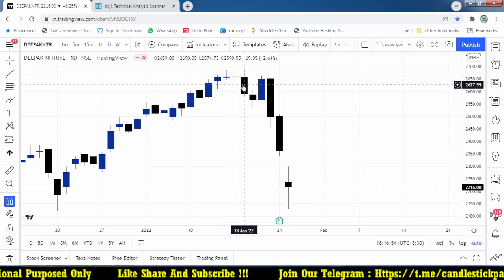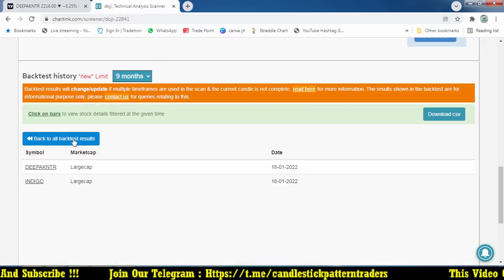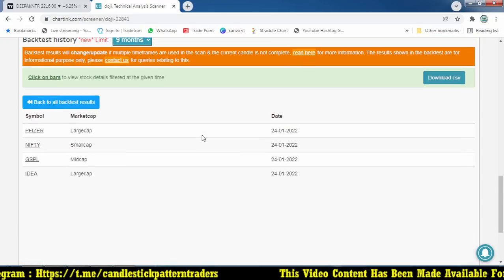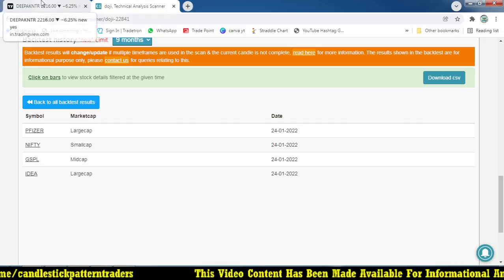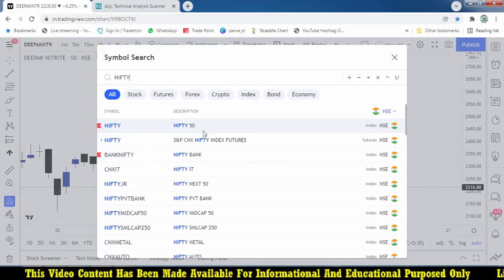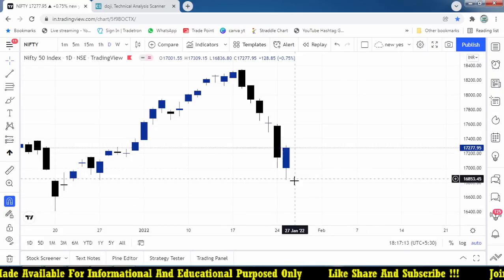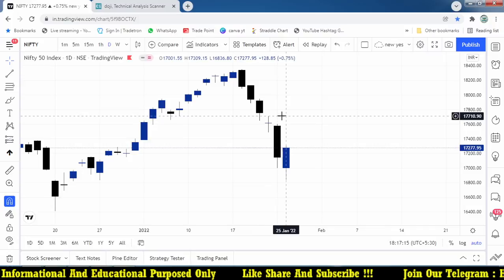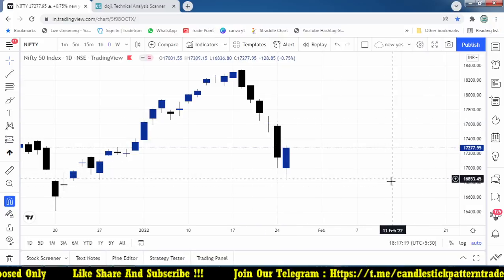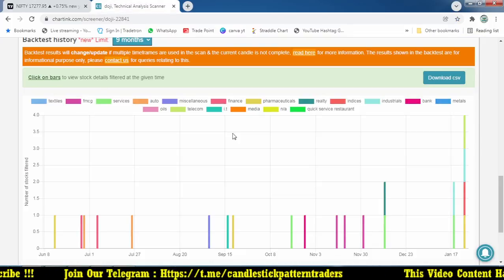That one, giving you at the topmost level. So recently on 24th Jan, Pfizer, Nifty, GSPL, IDEA. Nifty we already saw, but today it recovered. The closing price should be the entry. It started recovering, but we have a big stop loss for that. No problem. So that is how the conditions have filtered.